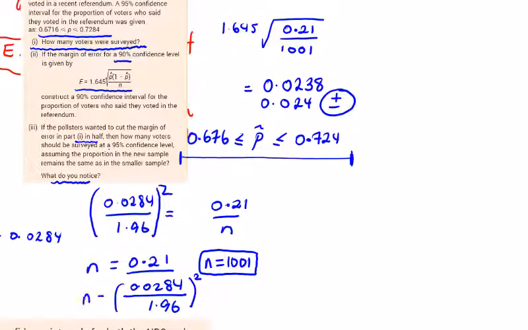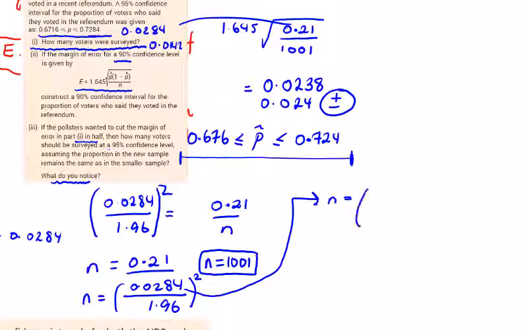Well, we should be able to just replace a number in this formula at the end here. So our margin of error was 0.0284 in part 1. So just bring that down. So divide that by 2, 0.0142. Works out evenly enough.